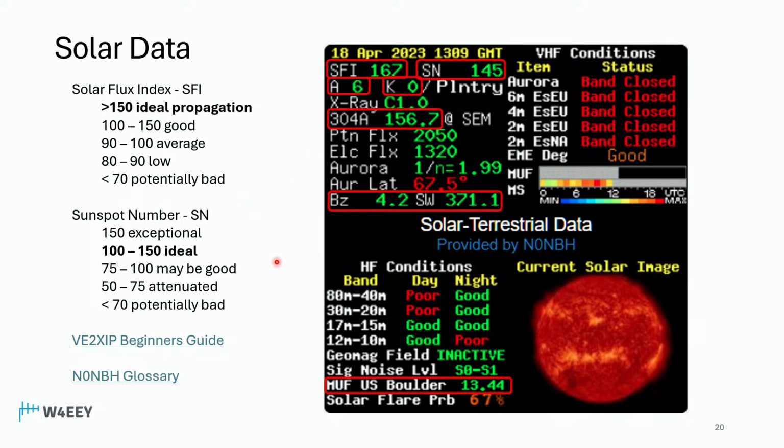These are related to each other. And again, some values to tell you what's good and what's bad. When I look at this, usually if we've got SFI and sunspots in triple digits, that's potential happiness if you're chasing DX or working an international contest.